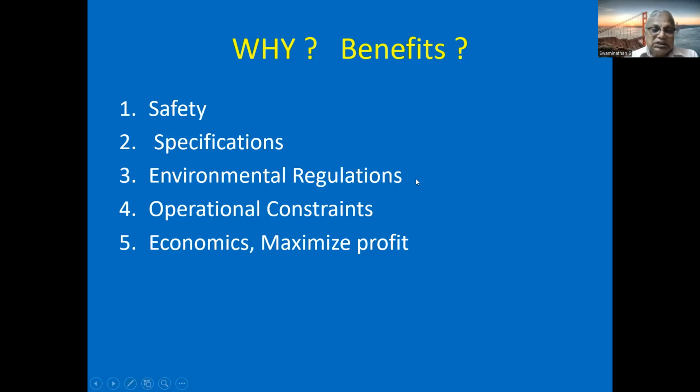So these aspects, safety, specifications of the products, both in terms of quantity and quality, the environmental regulations, the operating constraints, and the economical conditions, are the reasons why a process control system is called for in a chemical plant.